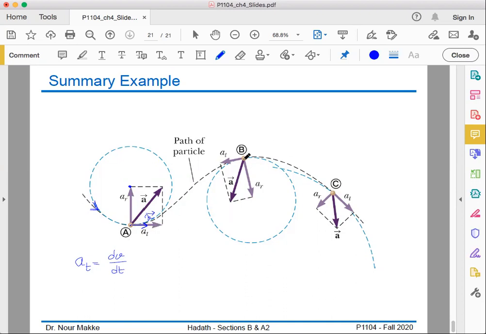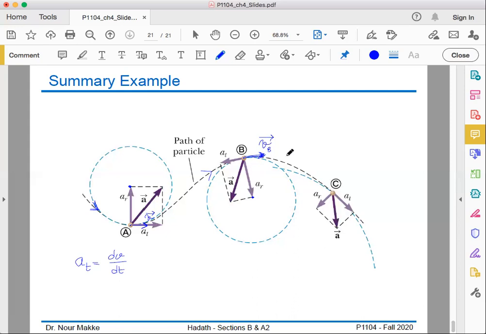Now, if you look at the point B, again A_R points towards the center of the circle that the point B belongs to, which is this big circle in here. If you want to draw the tangential acceleration, at this point B the particle is moving in this direction, so the velocity vector is tangent to the curve at the point B. This is the velocity vector V_B.